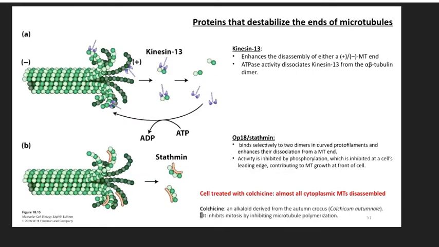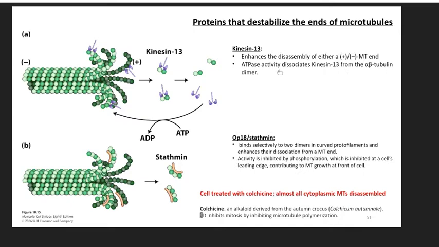Here are two different molecules. Kinesin 13 is a motor protein that enhances disassembly at the plus end or the minus end, and ATPase activity dissociates kinesin 13 from the alpha beta tubulin dimer.